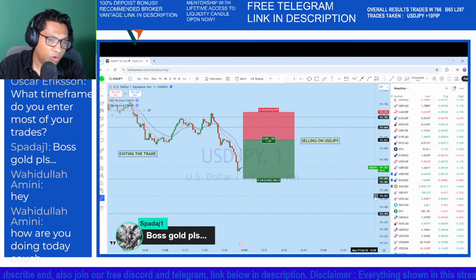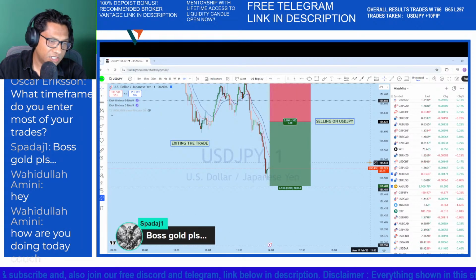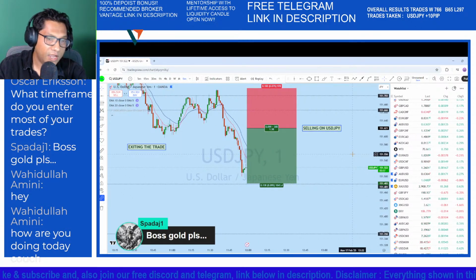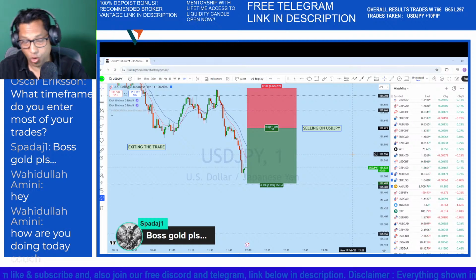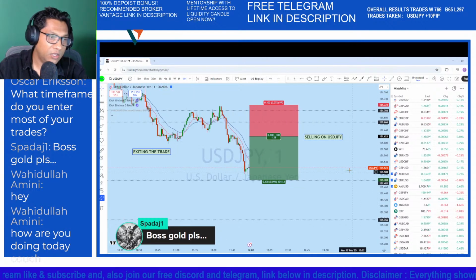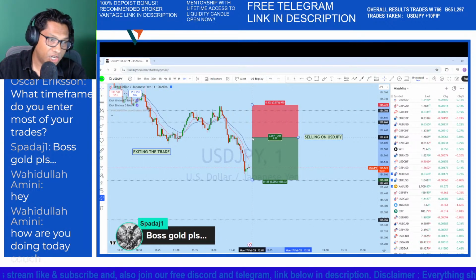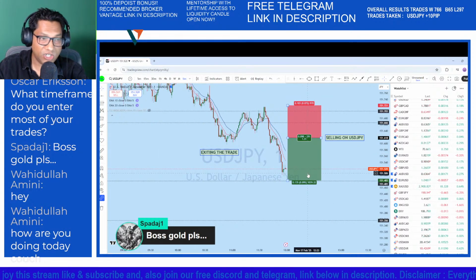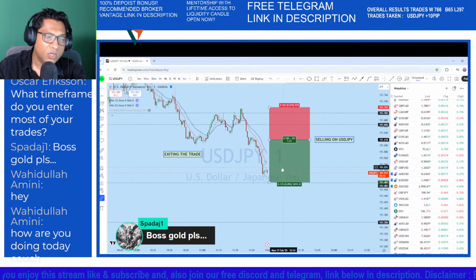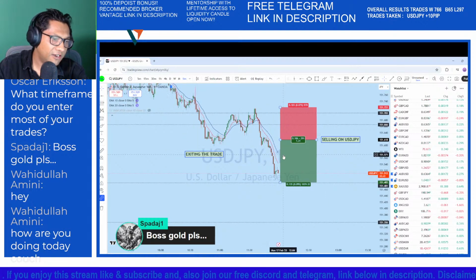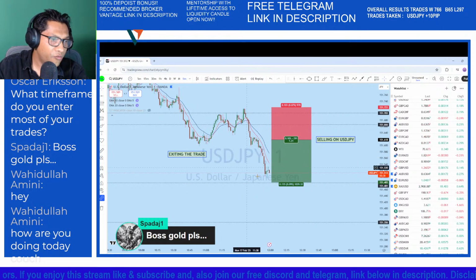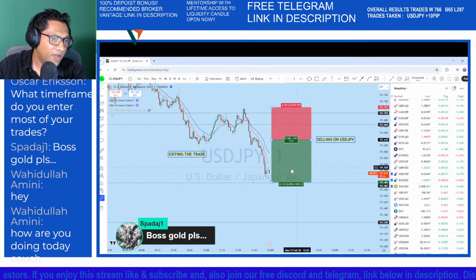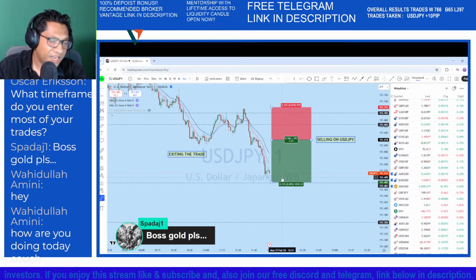When we are trading on the lower time frame, such as 1 minute, especially on an instrument that has a lower spread, we use the 1 minute chart. As you can see, this is a 1 minute chart on dollar yen, and it in fact worked out very well.